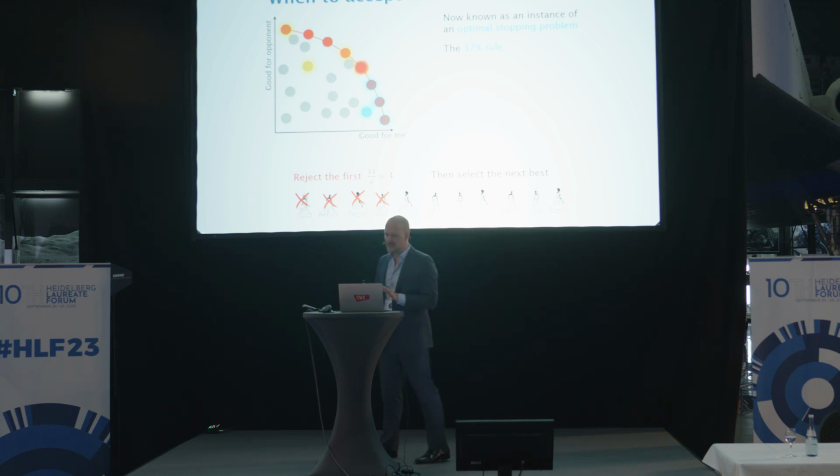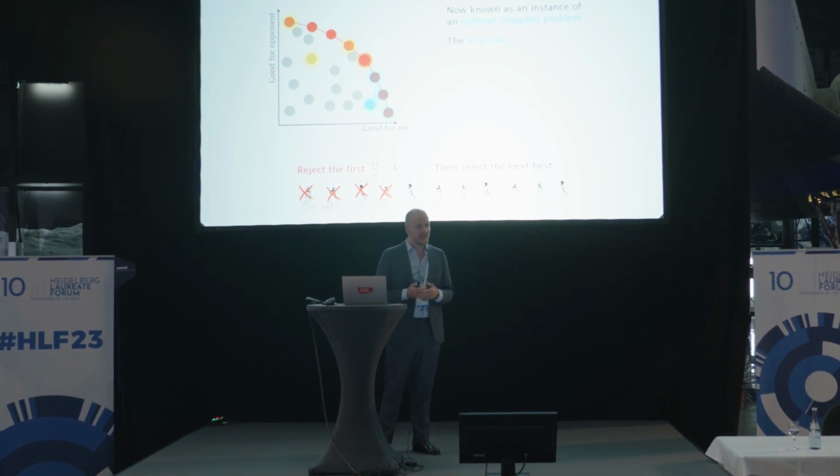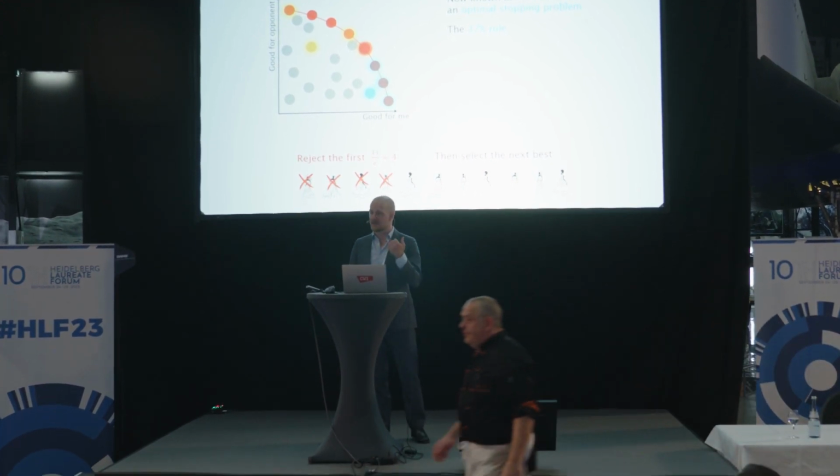And then after that, you have to pick the best candidate that you meet after it. That's the optimal thing to do. And in practice, of course, you don't always know the number of options that you will have. But it's possible to extend this theory also to non-fixed numbers, to population learning, even to recall of previous options.